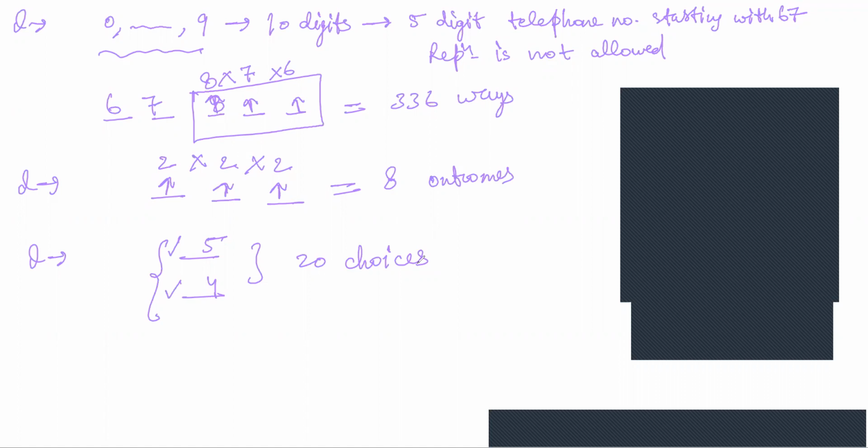So there are 20 different signals that you can make using these 5 flags, if a signal is formed using 2 flags. Also, example 4 is a very nice example based on this flag question. Example 4 uses the fundamental principle of addition as well as the fundamental principle of multiplication.